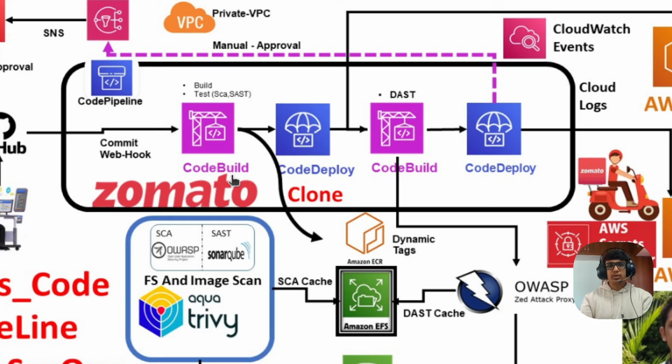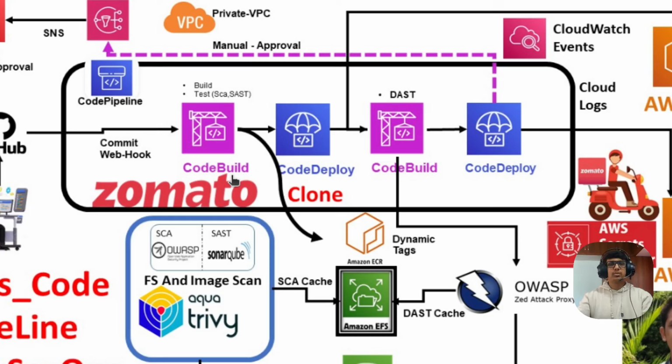We are not installing SonarQube on a local EC2 instance; we are using SonarQube.io, the public website available from SonarQube. Once everything is set, it scans our file system, generates the report, and sends the report to the S3 bucket.